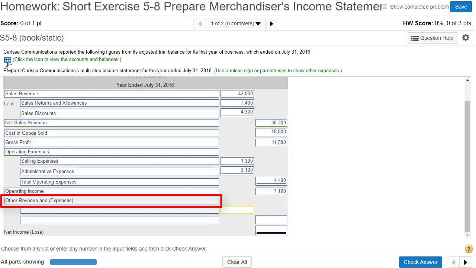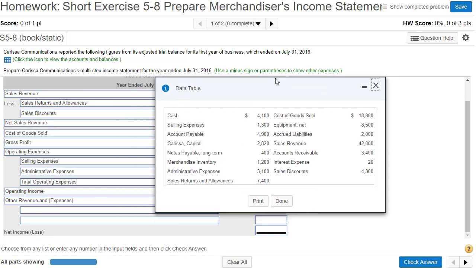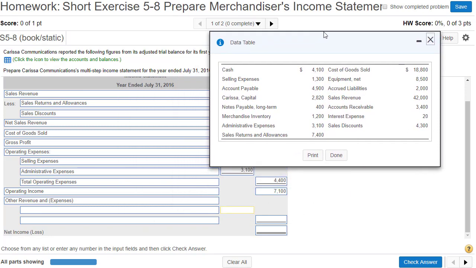So let's go back to our adjusted trial balance numbers and see if we can find any other miscellaneous revenues and expenses. They would normally be something like interest revenue or interest expense. So this company has interest expense. Since this section could have been either revenue or expense, we have to tell my accounting lab it's an expense by putting a -20.